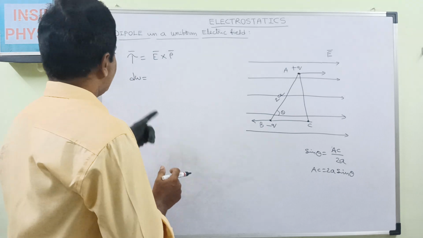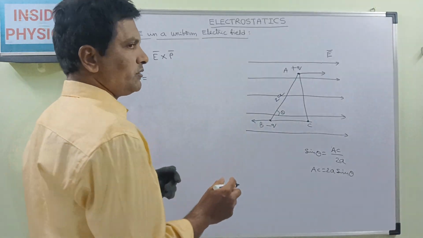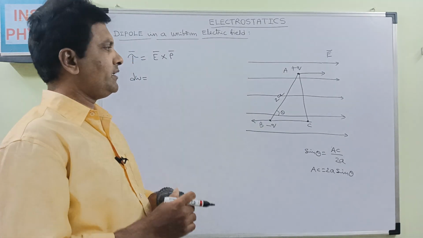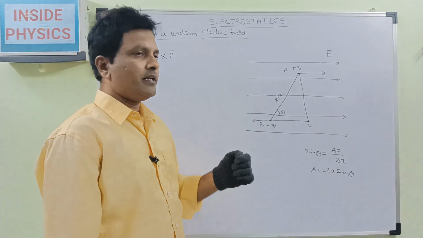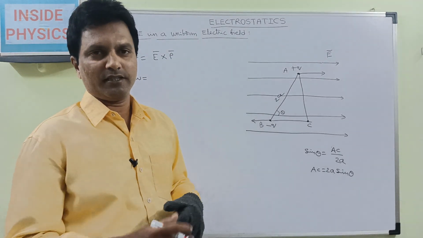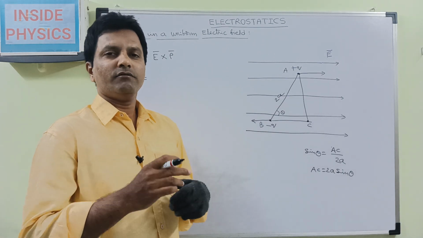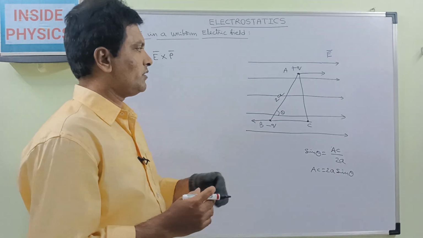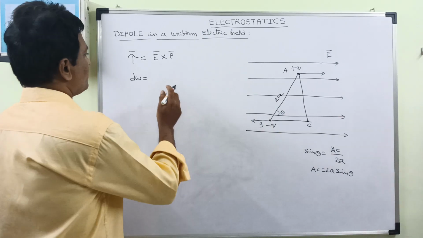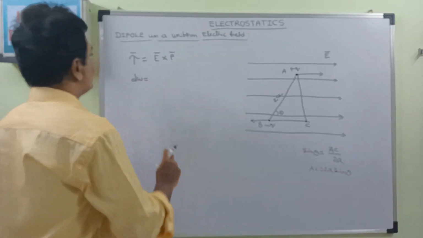theta. We know that work done is equal to force into displacement. Here the displacement is not a linear displacement. The displacement is an angular displacement, which we will take in terms of theta. So the force into displacement is work done, we know that.